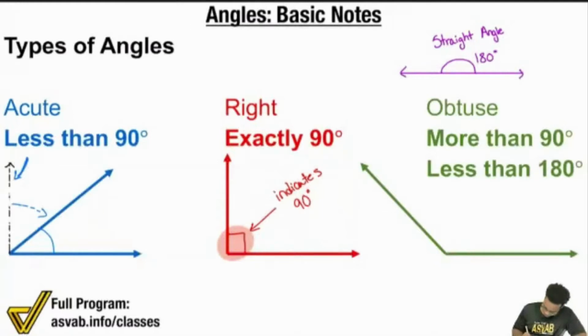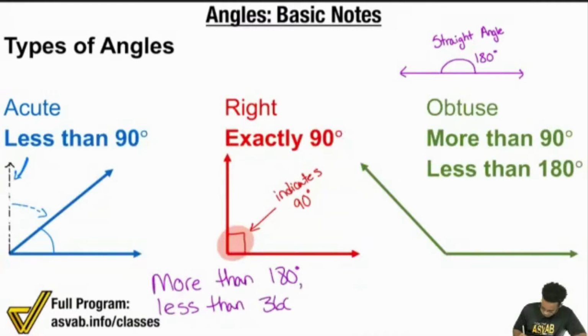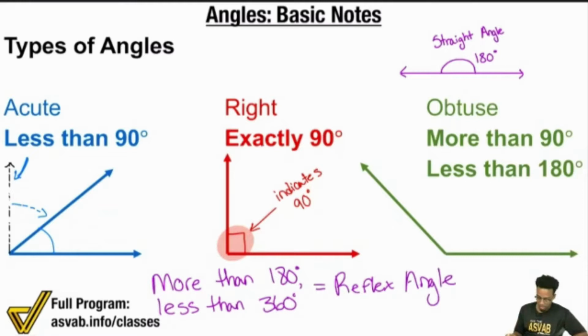So I'll use purple right here. Reflex angle right there. So again, more than 180, but less than 360, that would be considered a reflex angle right there. So boom, go ahead and take a second to copy that down.